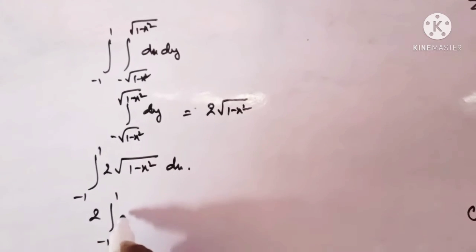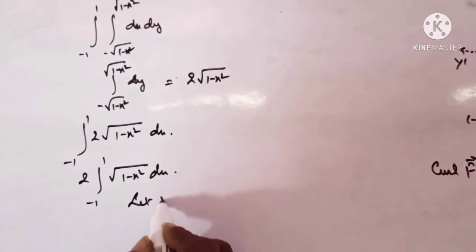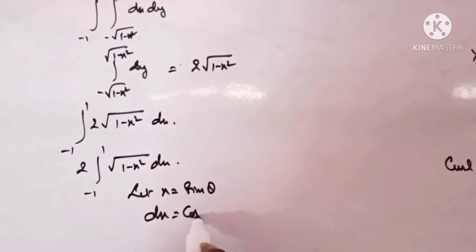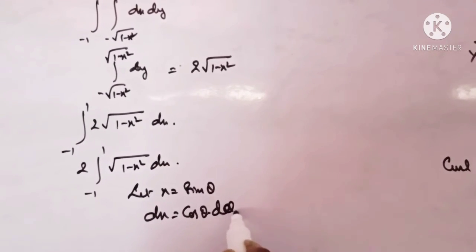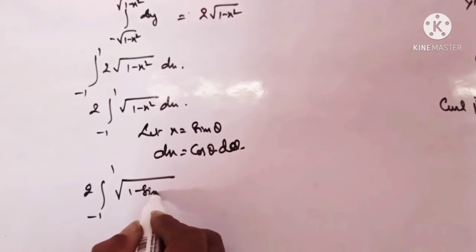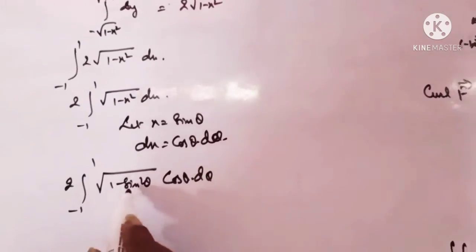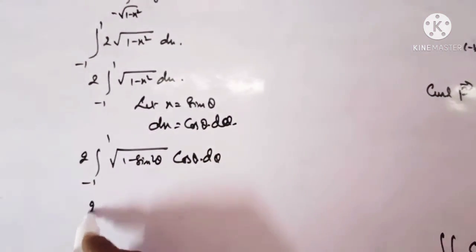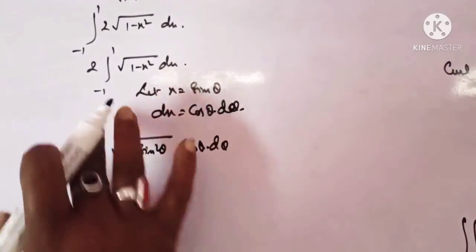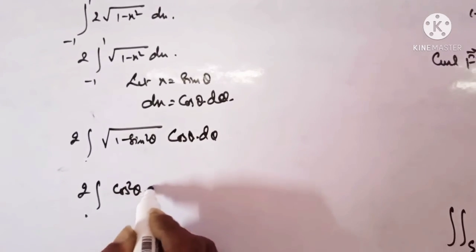Let x equal sine theta, therefore dx will be cos theta d theta. This becomes 2 times the integral of root 1 minus sine square theta times cos theta d theta, that is cos square theta d theta.